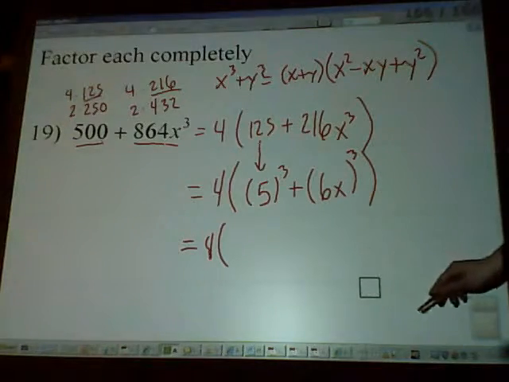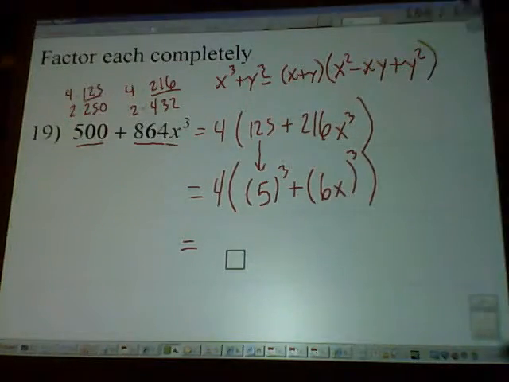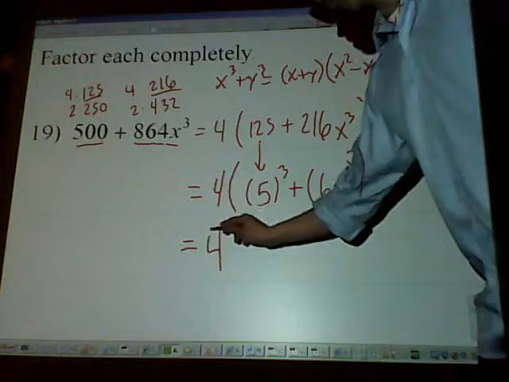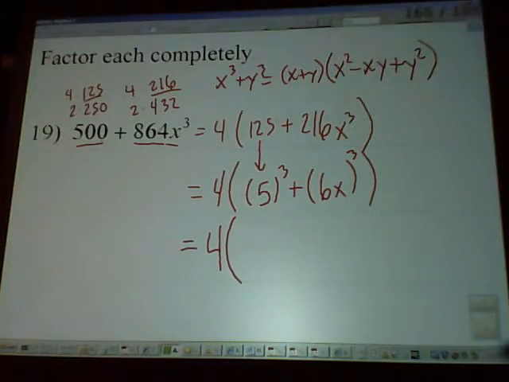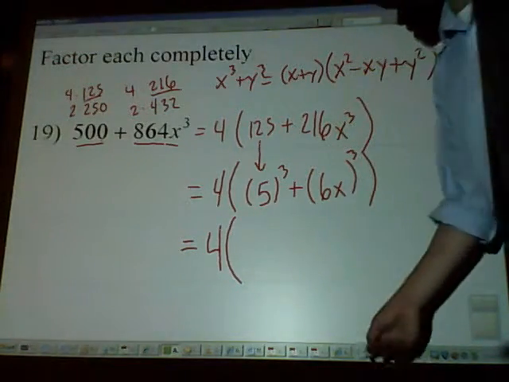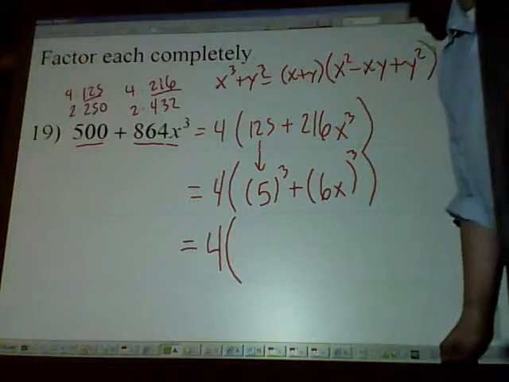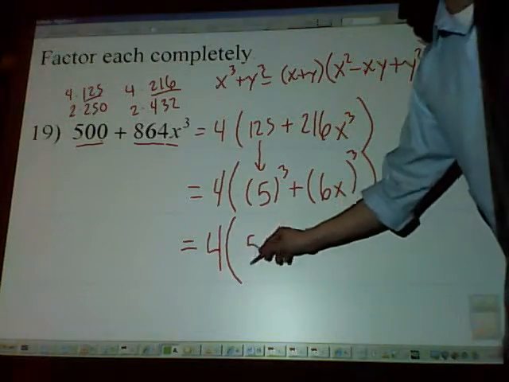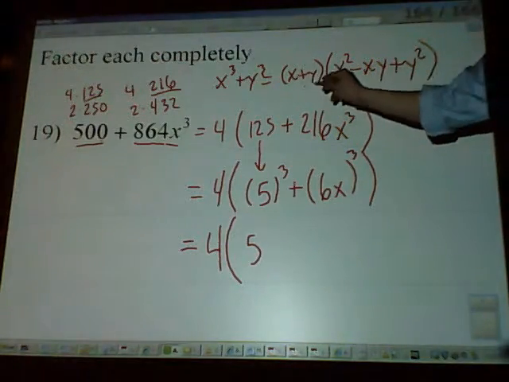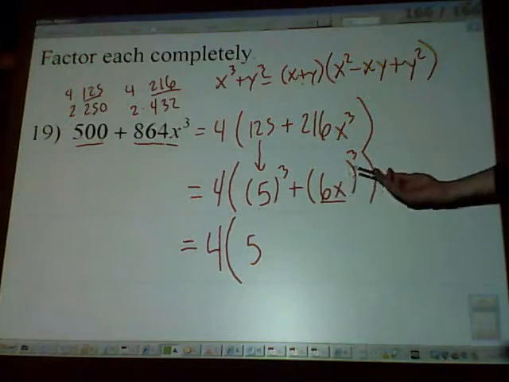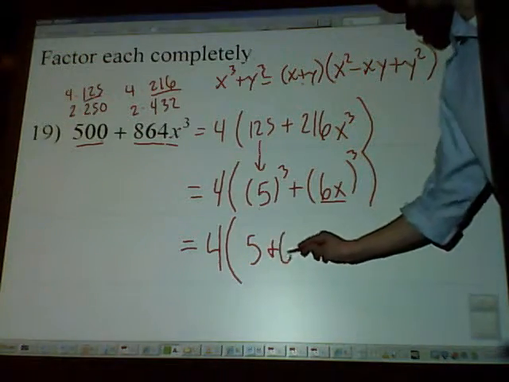So we're going to do x plus y. What is x plus y? We got 5, the first term I'm cubing, plus the second thing I'm cubing, right? What am I cubing? 6x.